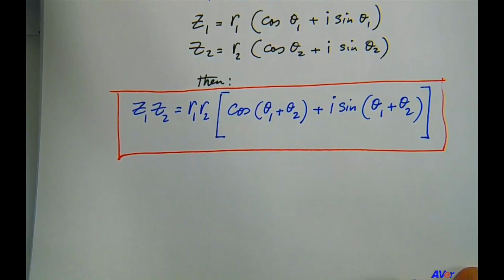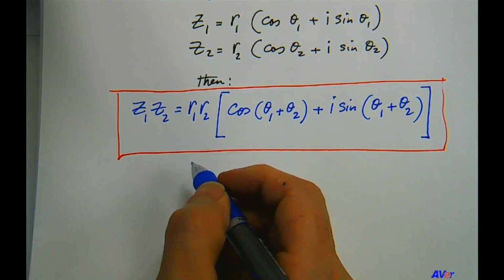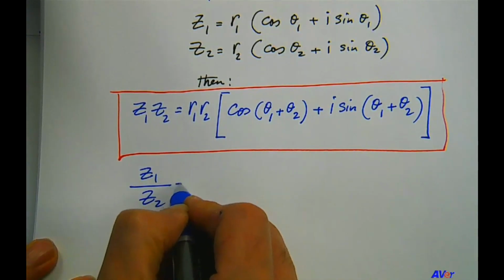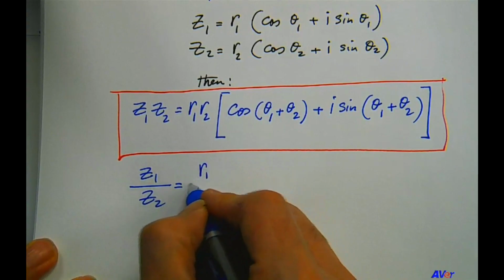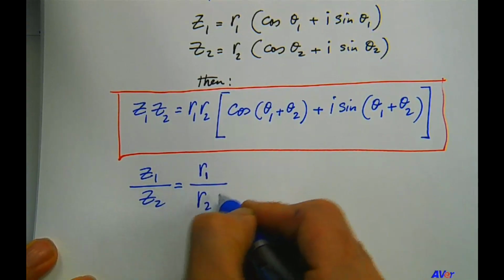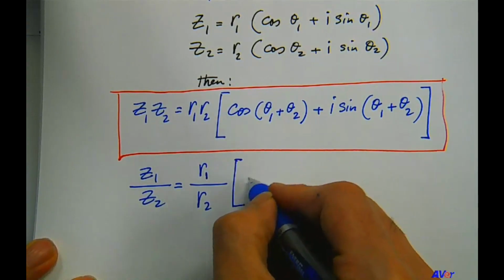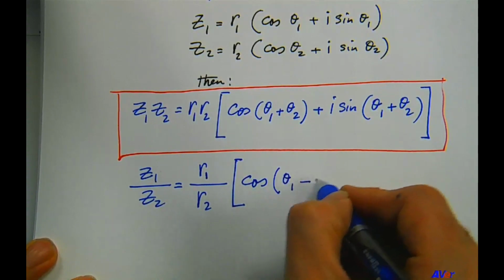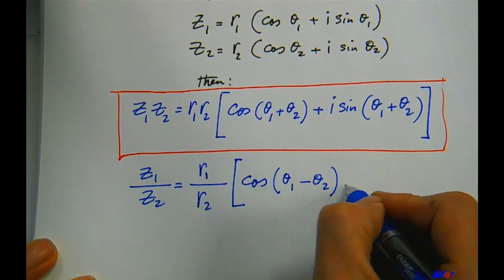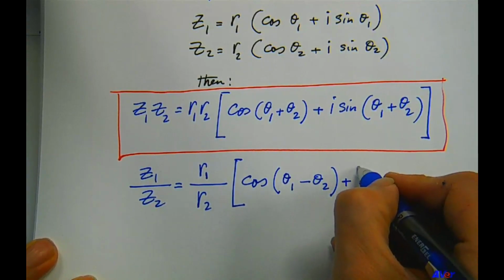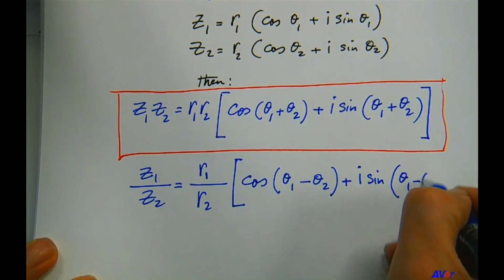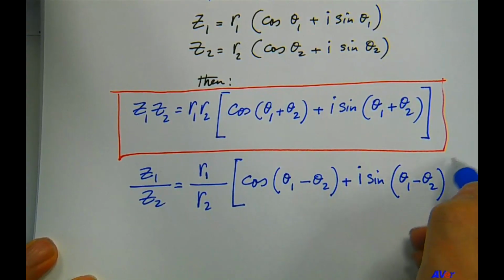And then for dividing two polar complex numbers, we have the following formula. So Z1 divided by Z2 equals R1 over R2 times cosine of theta 1 minus theta 2 plus i sine of theta 1 minus theta 2.